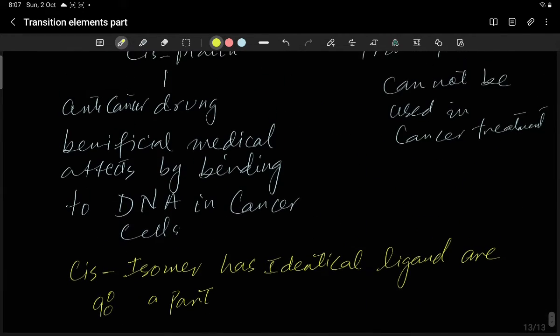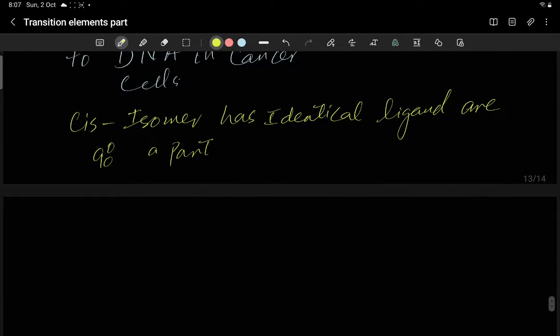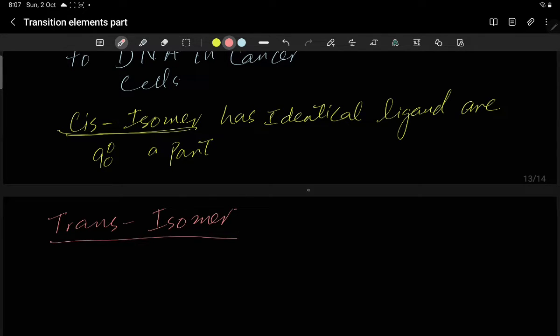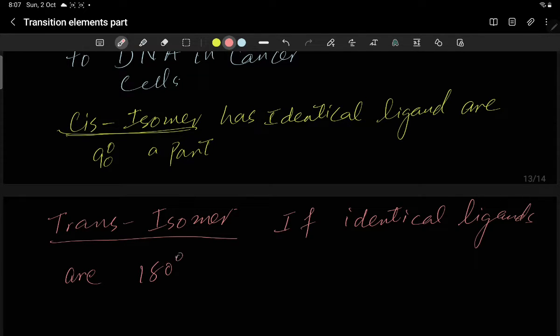And for trans isomer identification, if identical ligands are 180-degree apart, that is trans isomer.